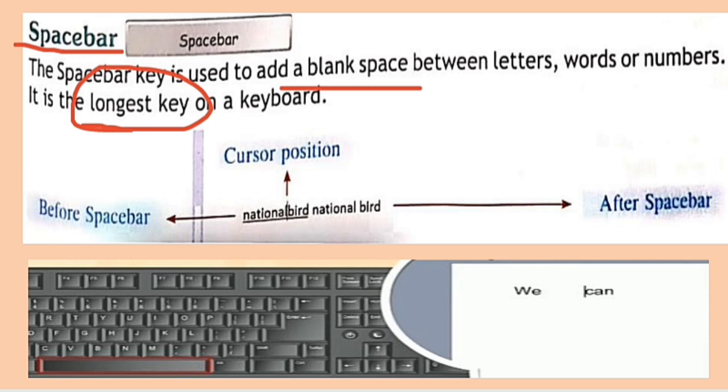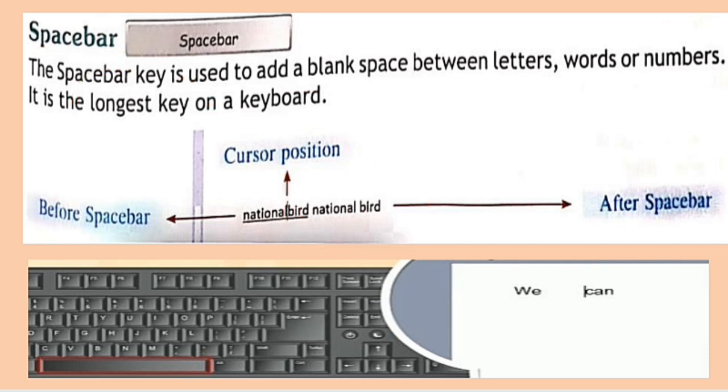Here in this diagram you can see our cursor position is between the national and bird. When we press the space bar, you are able to see that there is a space between national and bird.